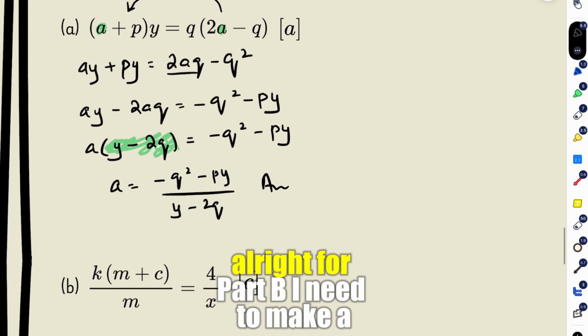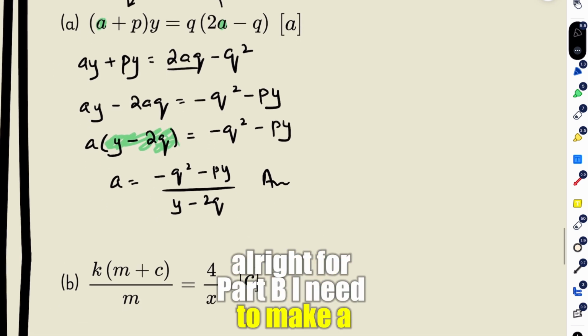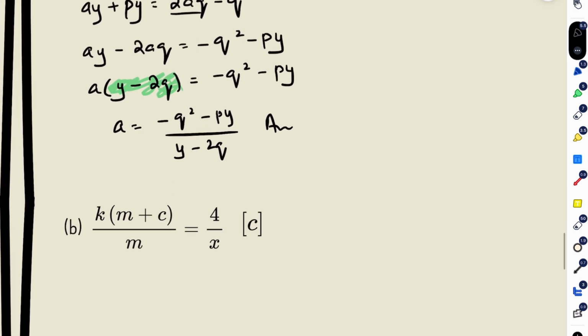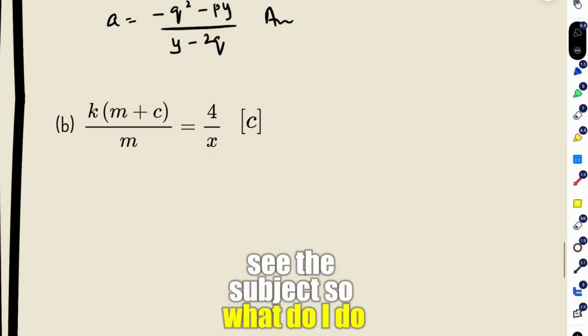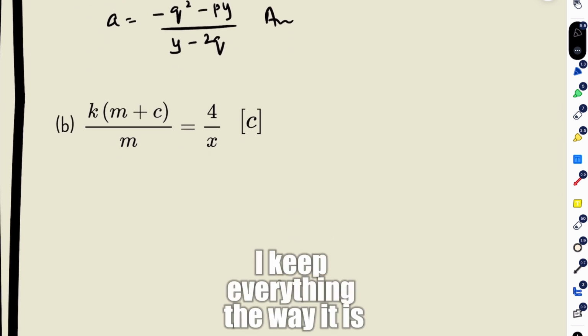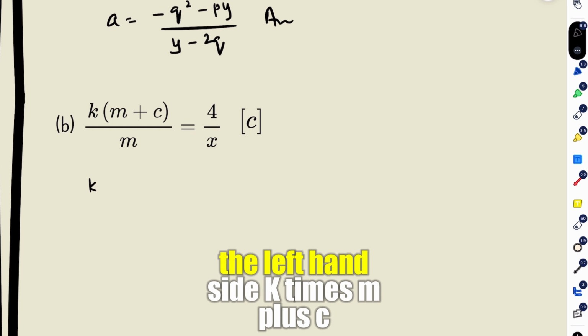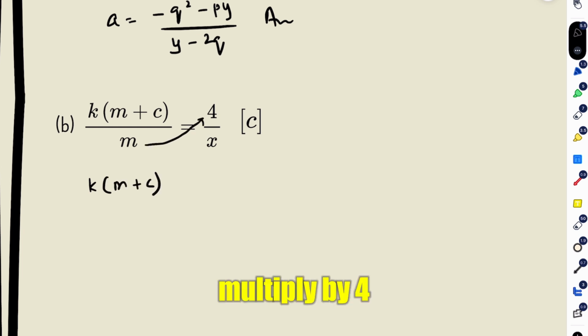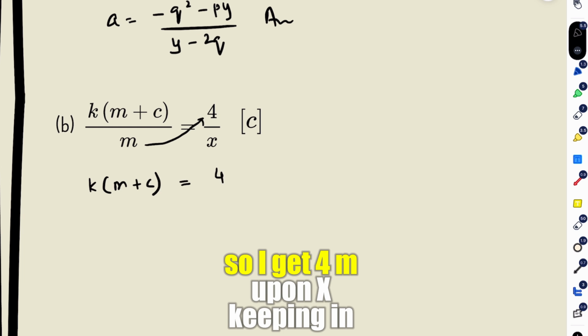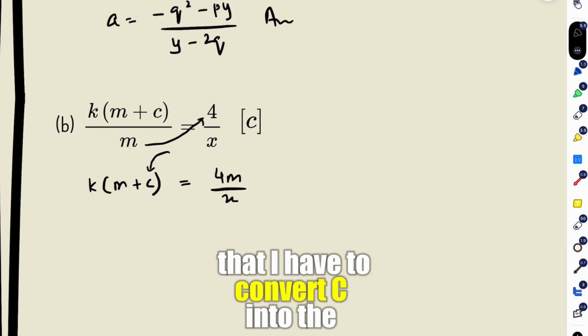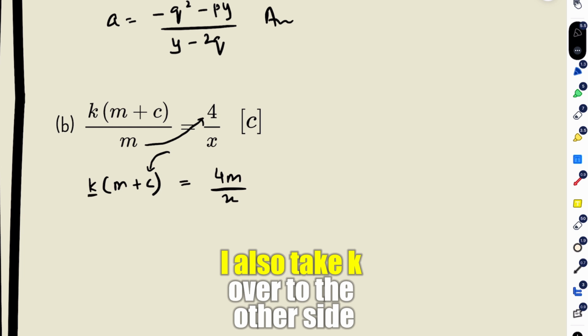All right. For part B, I need to make C the subject. So what do I do? I keep everything the way it is. The left hand side, k times m plus c, but I take m over to the other side and multiply by 4. So I get 4m upon x. Keeping in mind that I have to convert c into the subject, I'll also take k over to the other side.